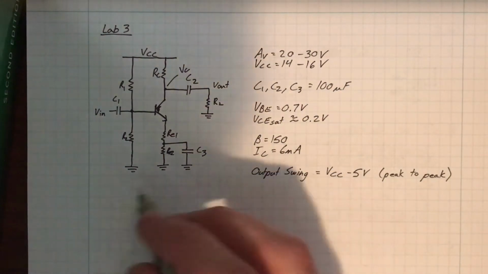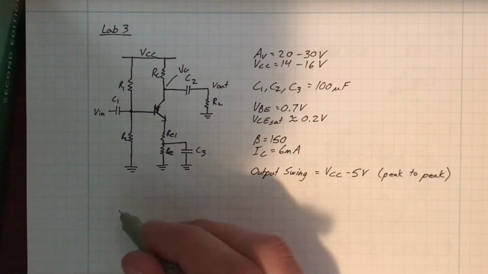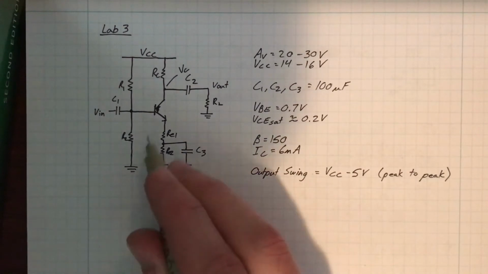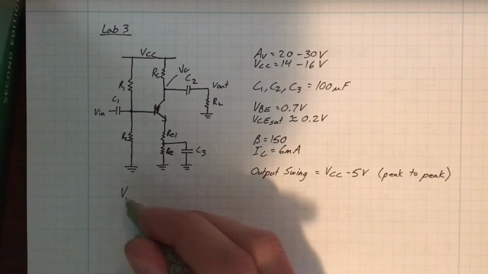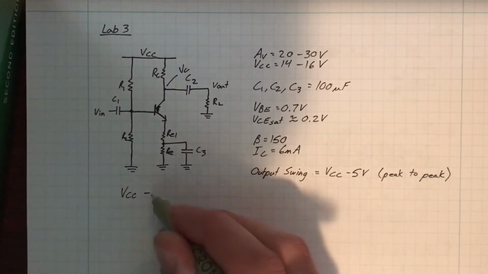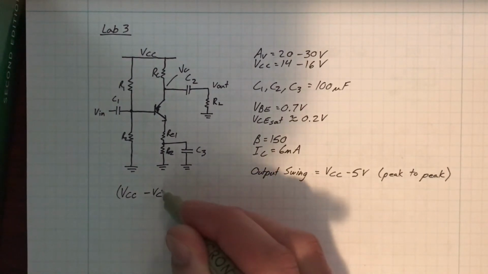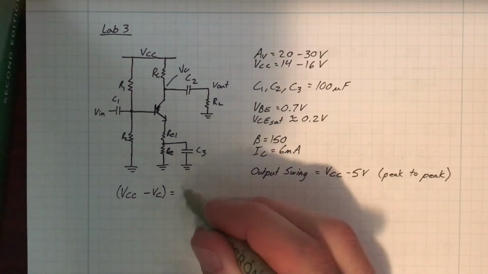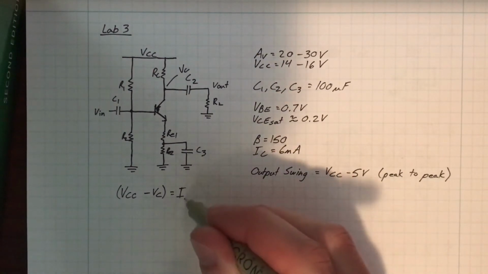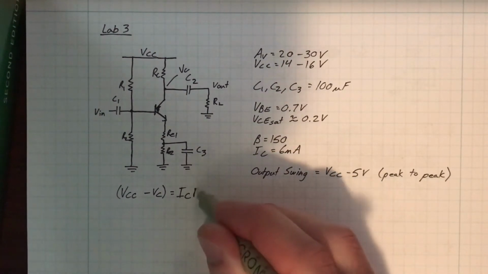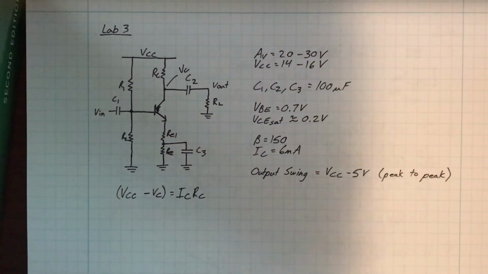So the DC operating point is, if we just do Ohm's law, VCC minus VC equals IC times RC. It's just Ohm's law.